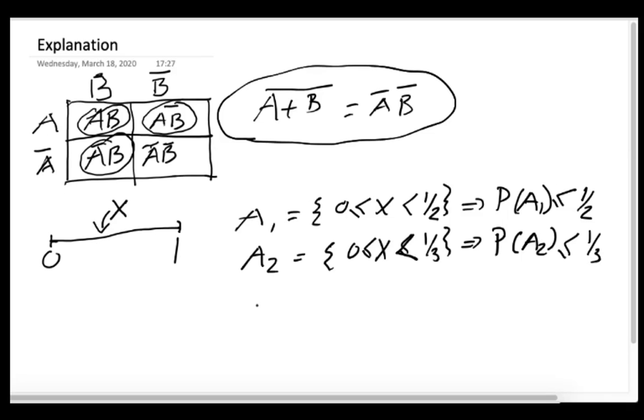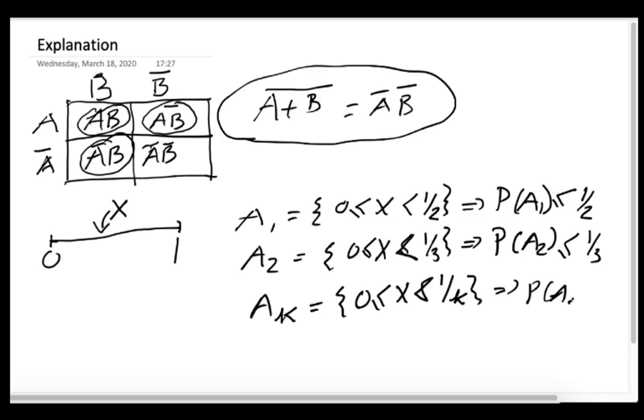Okay. So in general, if you have the set AK, which is the event that x is between 0 and 1/k, then the probability that x is in this interval will be at most 1/k. Okay, so you see that in this inequality, the right hand side goes to 0.